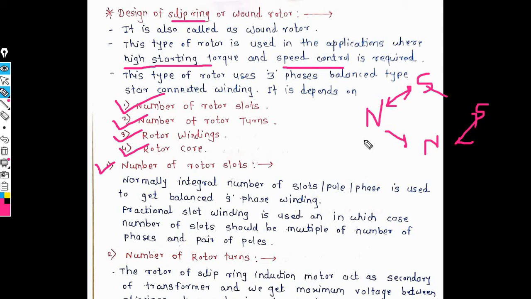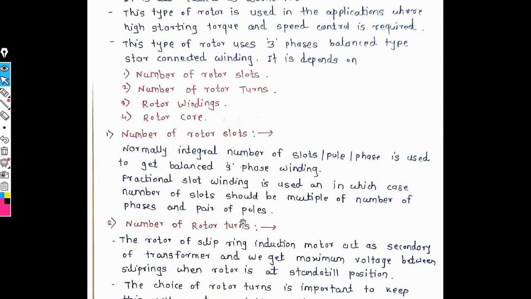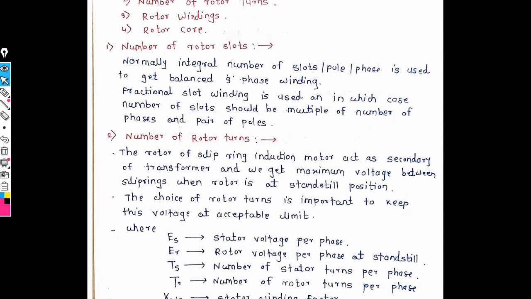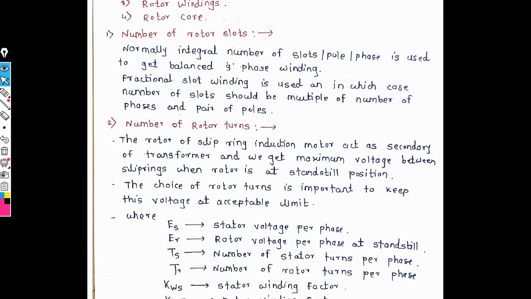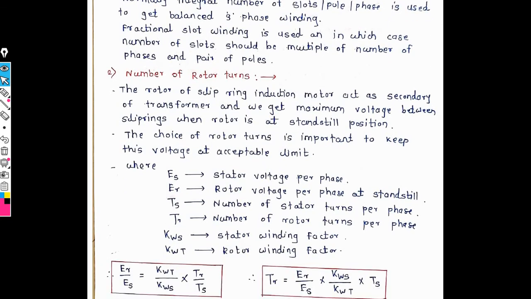Then the number of rotor turns. The second point is that the number of rotor turns is very important. The number of rotor turns depends on the turns of the winding. The rotor of the slip ring induction motor acts as the secondary winding of the transformer.